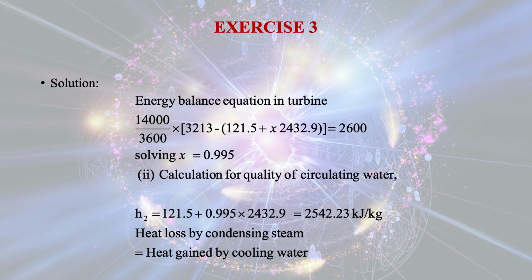Before that we have to calculate the enthalpy at state 2, that is H2 is equal to 121.5 plus 0.995 multiplied by 2,432.9, that comes out to be 2,542.23 kilojoule per kg. So you have got the enthalpy at state 2, that is H2.